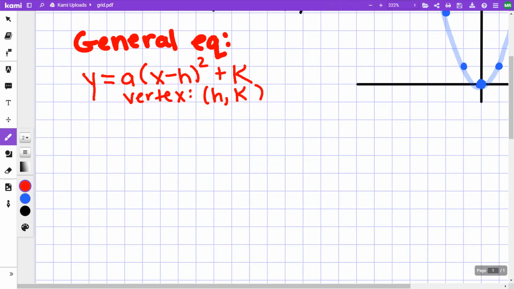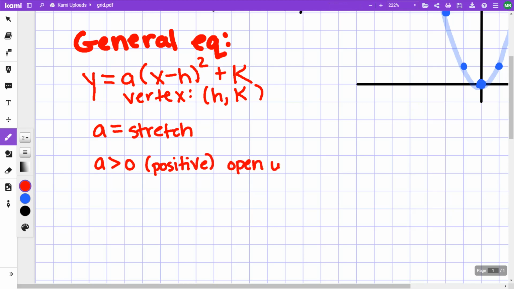Now, the other things that we need to understand, a is equal to our stretch. That's what our a is. And our a is going to have a couple different characteristics that we need to understand. Basically, if our a is greater than 0, which basically means positive, it's going to open up.